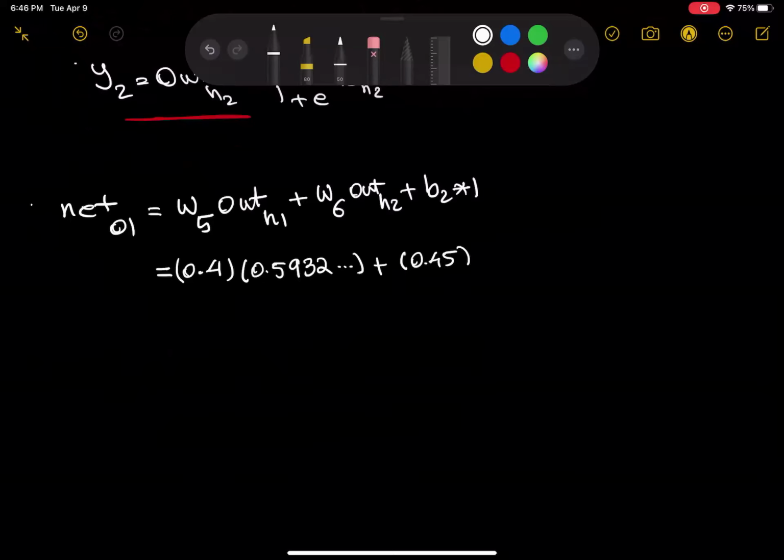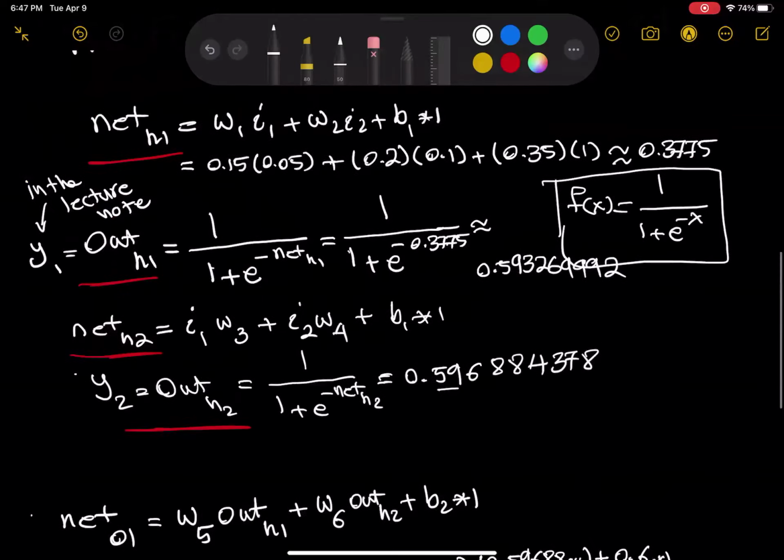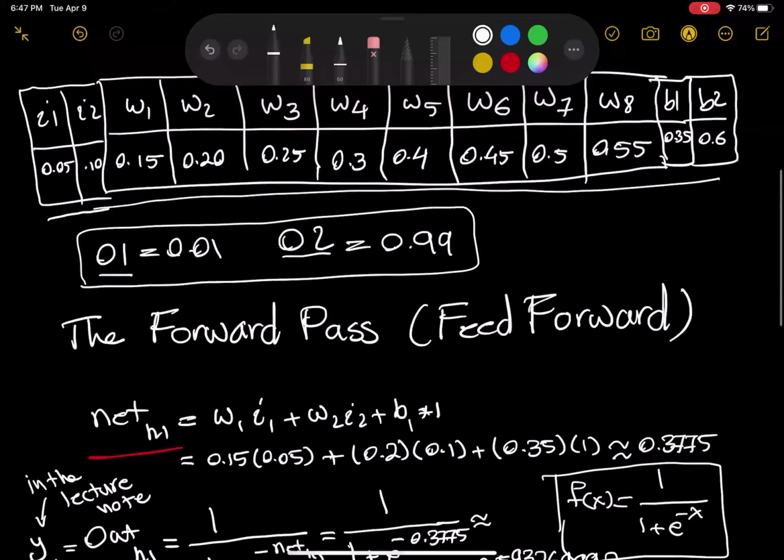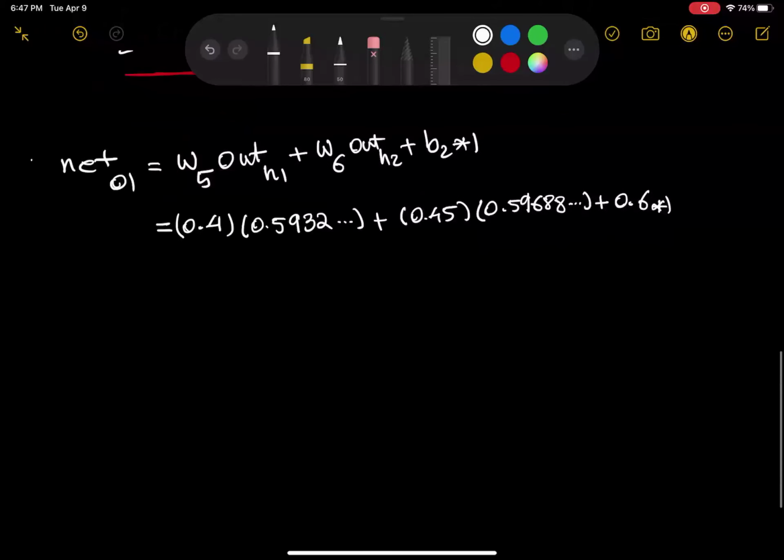Multiplied by out of H2, which is 0.59688. Plus 0.6 multiplied by 1. I'm going to write this multiplied by 1 so we can remember that. I just want to check 0.6 here. Yeah, that's correct. This would give me a big number, which is 1.1. I mean, relatively big.